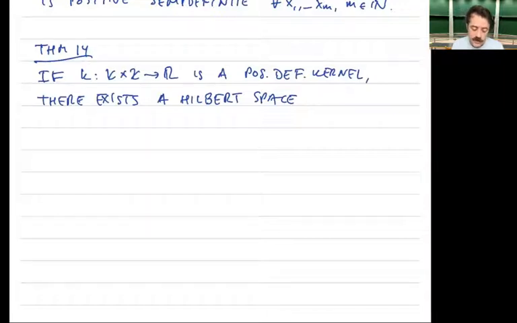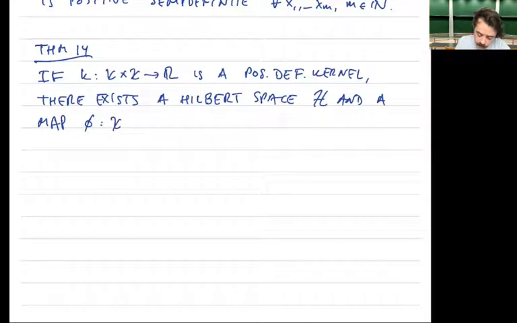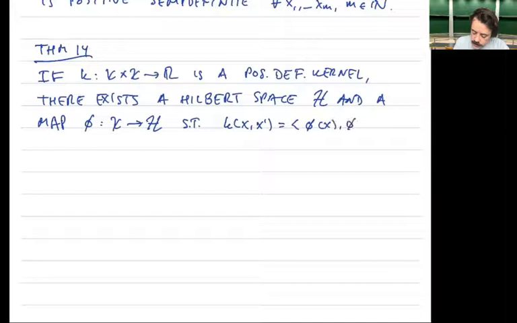There exists a Hilbert space, calligraphic H, and a map such that this k can actually be written as the inner product of these two guys, where precisely this inner product is the one I was talking about.